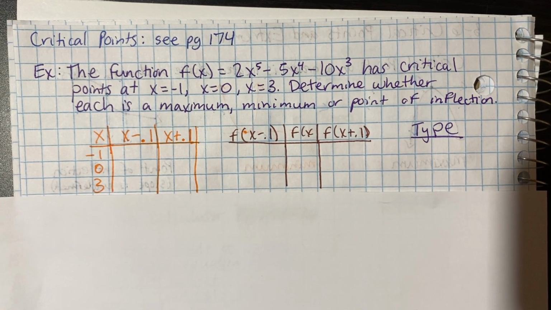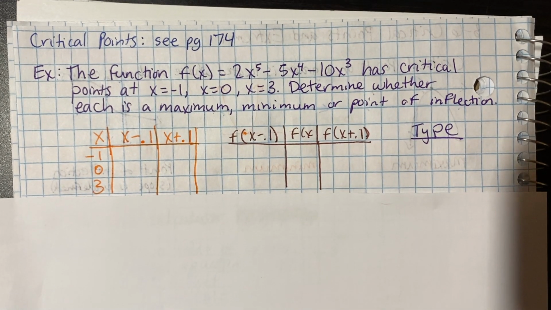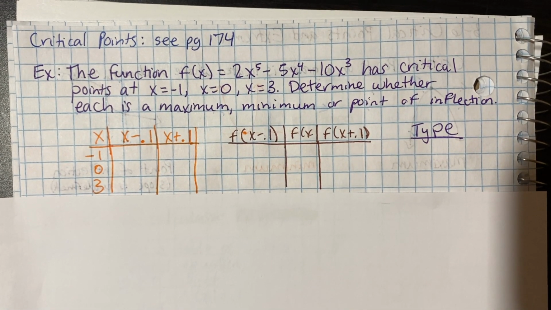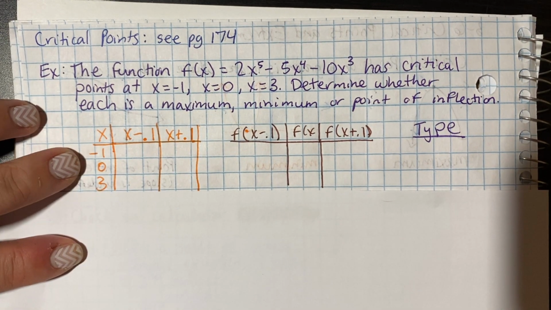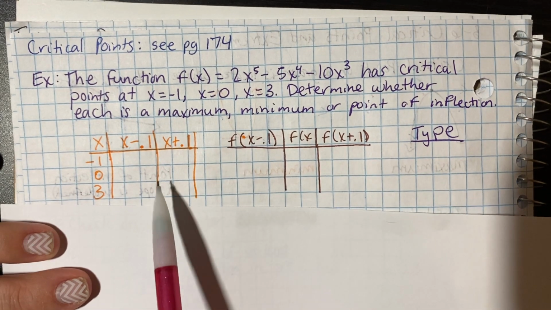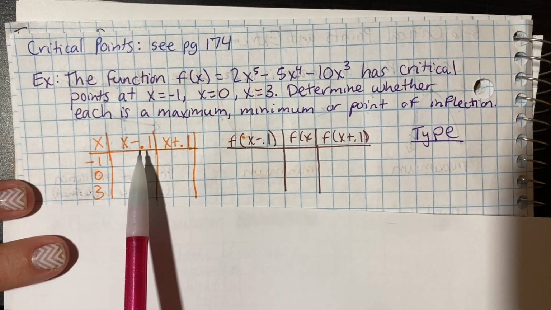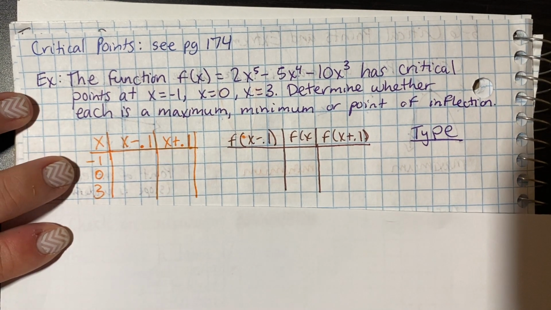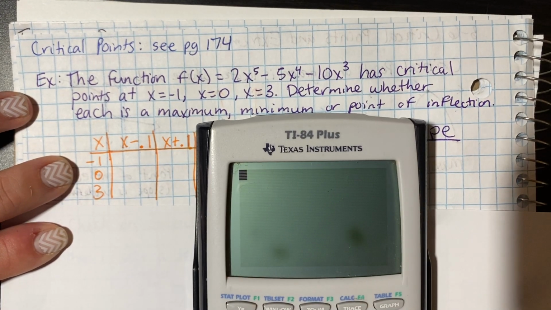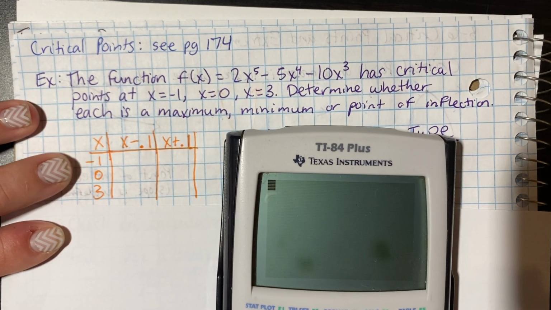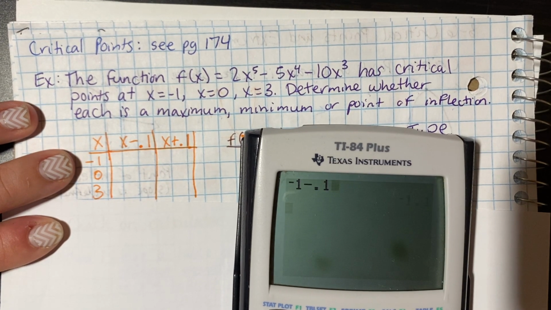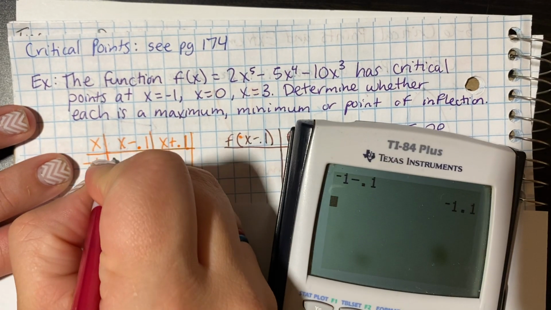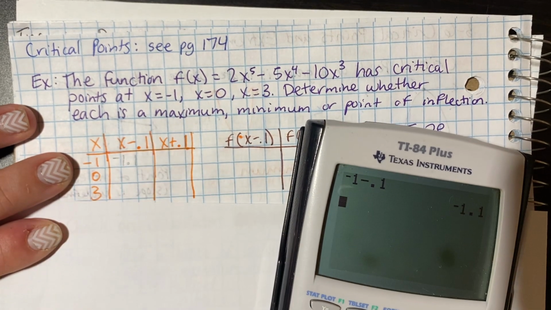First, I'm going to work on my orange chart. What am I doing on my orange chart? I'm getting x values 0.1 smaller and 0.1 bigger. You can use your calculator, or you don't have to. You probably already could figure those out off the top of your head, but I want to make sure that I am writing them down right.